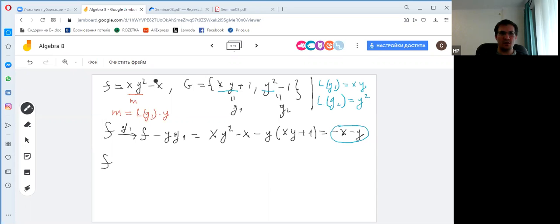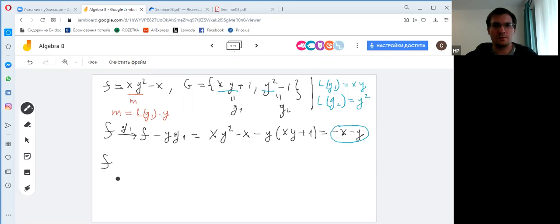It seems that x cannot be reduced by any of them, because x is not divisible by xy and x is not divisible by y squared. But this monomial m can be reduced by g2.